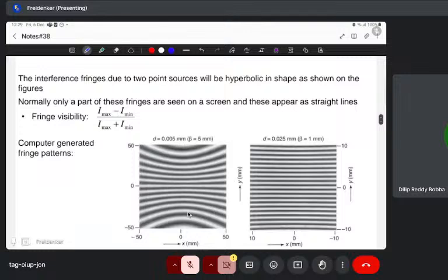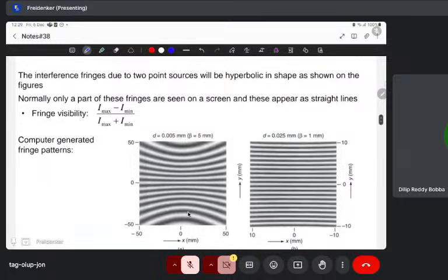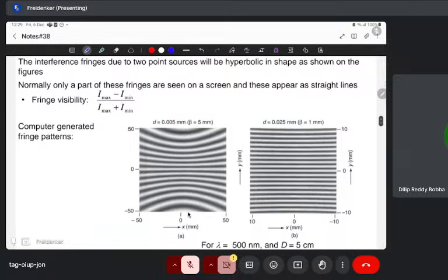Because at minima, intensity will be very less, right? That's why it's a minima. So this is fine. This will never become zero, right? If it's becoming zero, it means there's nothing to look at if it is equal.